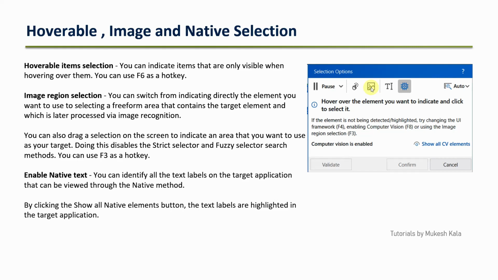But remember guys, whenever we are doing the image automation, as we discussed in the targeting method, image should only be used when your selectors and your fuzzy selectors are not working. So as soon as you select this option, automatically what would happen, it will disable the selector and the fuzzy selector for you, right? And the shortcut for this is F3. Okay, what this actually means, let us see that in action.